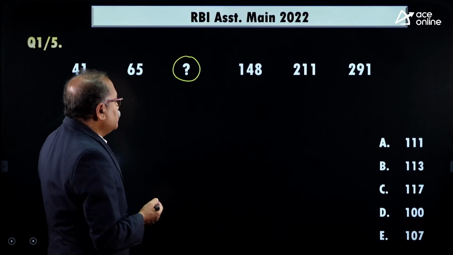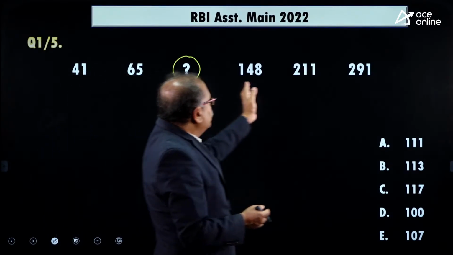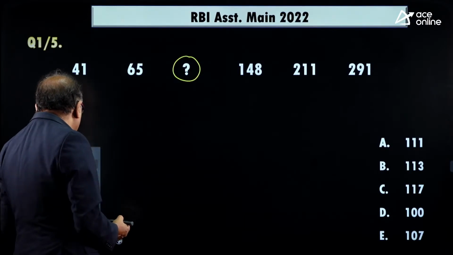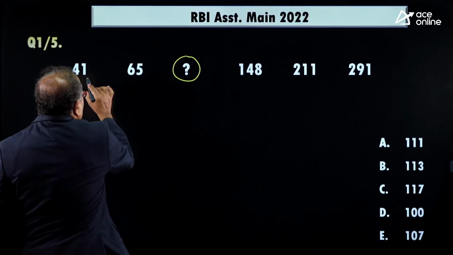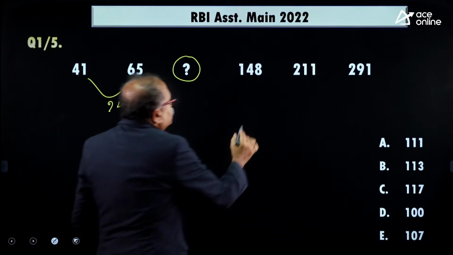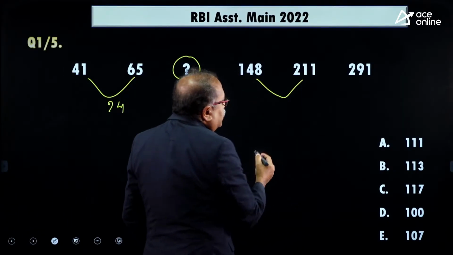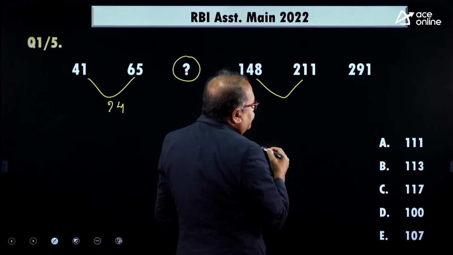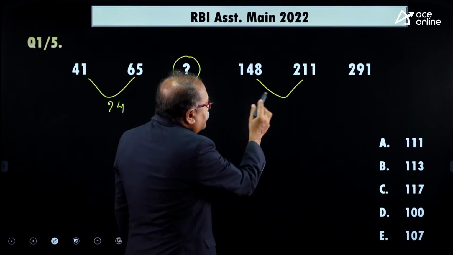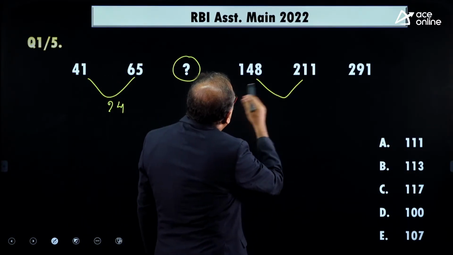What I notice is that the numbers are increasing by addition. So let us take the difference from here to here. I notice that the difference is 24 over here. What is the difference from here to here, and from here to here?